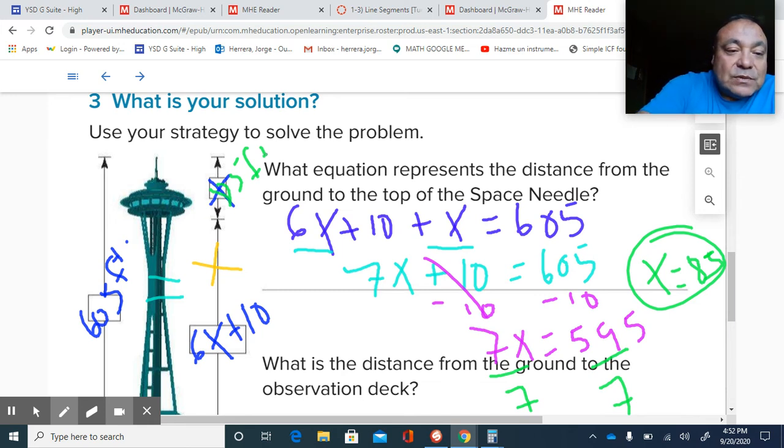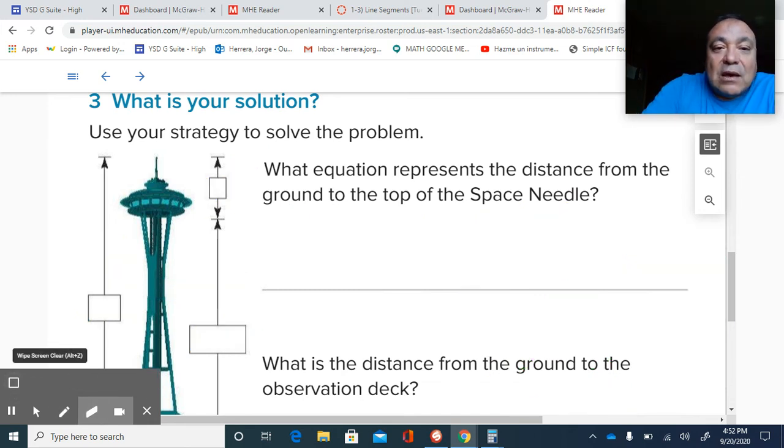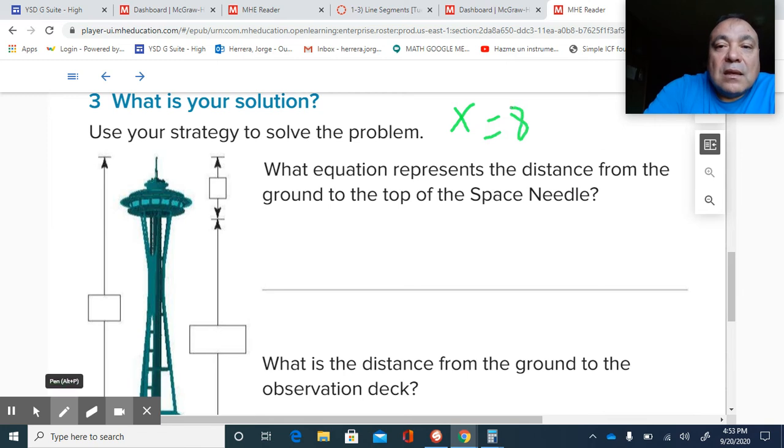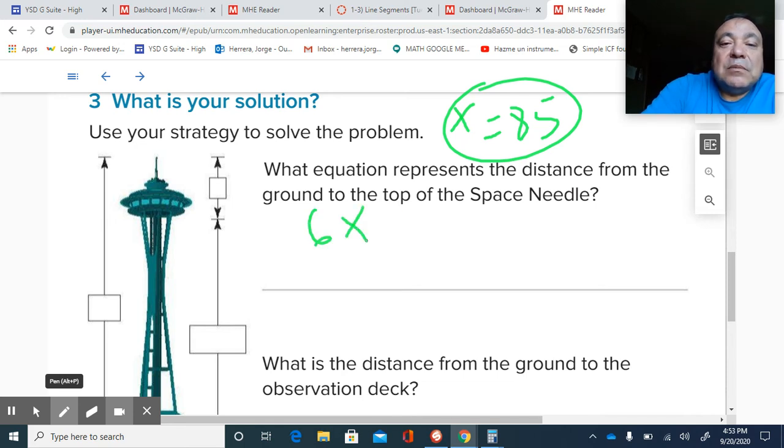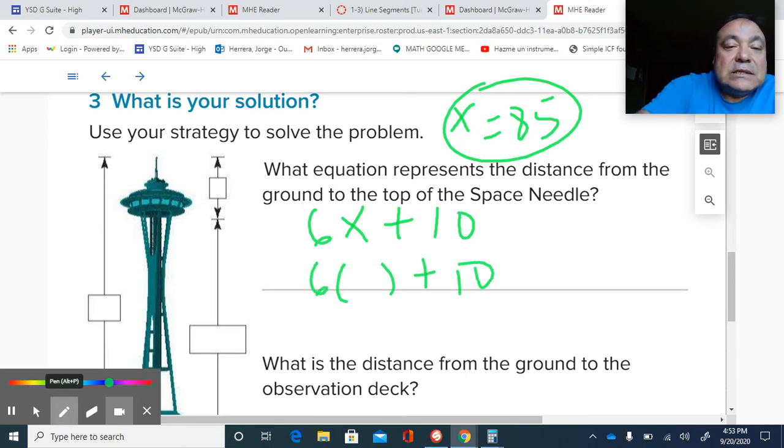So I'm going to erase this, guys, real quick. And now, since I know that x equals 85, I'm going to go to 6x plus 10, and I want to figure out what that is. Well, that is 6 times the other known, which is really easy. It was 85.